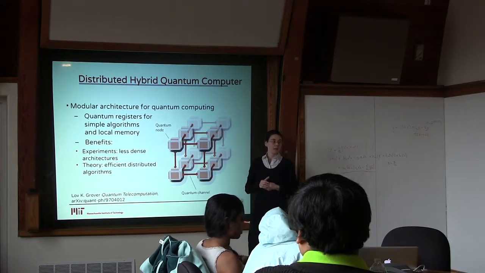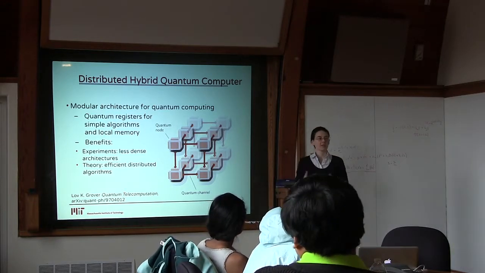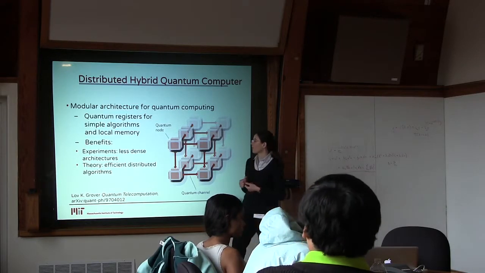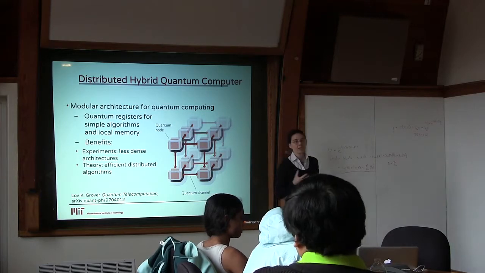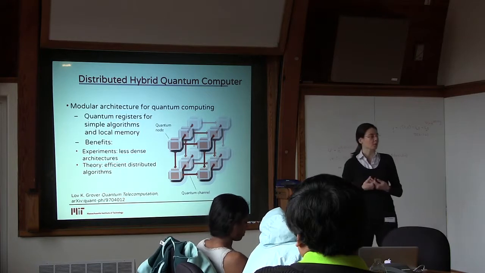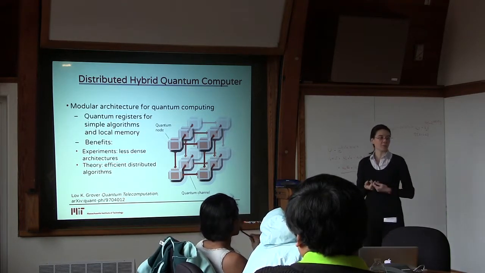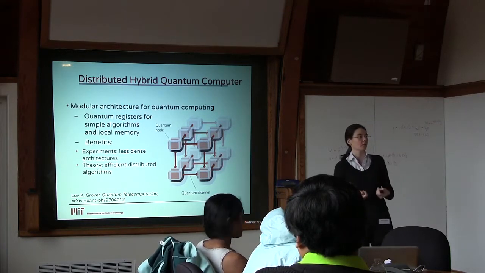one to the other. And why would you try to use this modular or distributed architecture instead of having just a computer which is all interconnected in a very dense way? I think that there are two different types of benefits. From one side, if you take the point of view of the experiment, if you really want to have a system in which you have all your qubits close to each other so they can talk to each other at the same time, it becomes very quickly difficult to implement experimentally because you still need to have access to each one of the qubits to control them.